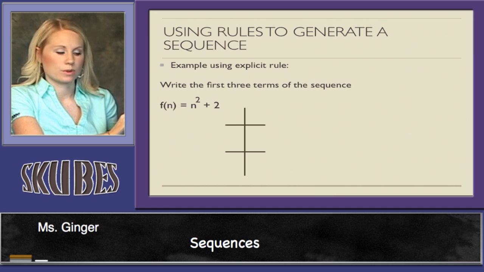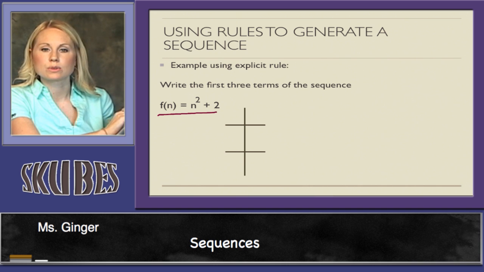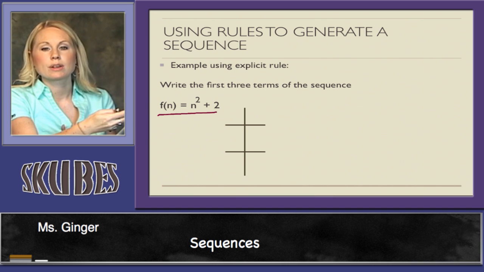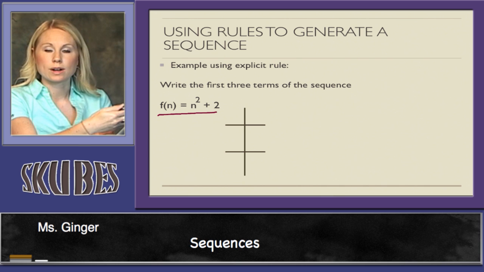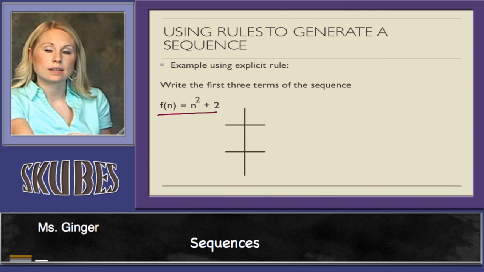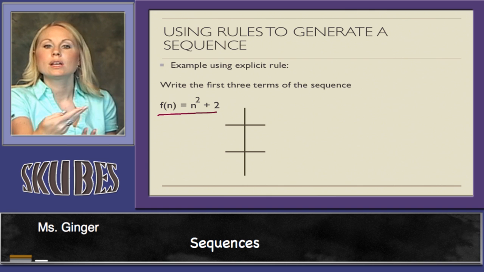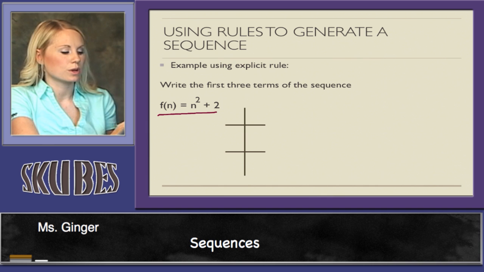I've been given a rule here for a sequence, f of n equals n squared plus 2. So that means to find each term here, I'm going to plug in a number for n, like 1, and that will give me the first term. If I wanted the second term, I would plug in a 2, and that would give me the second term, just by calculating out according to the rule. So we're going to do that.